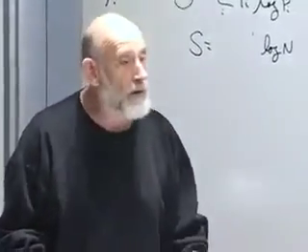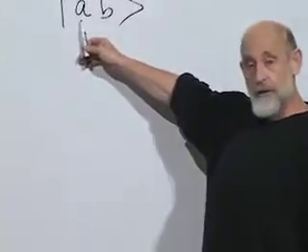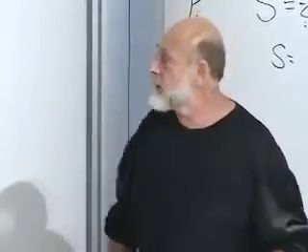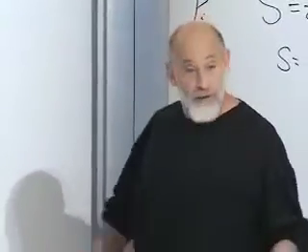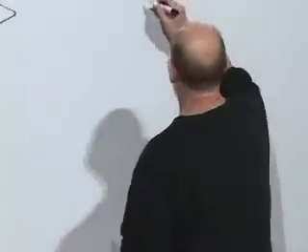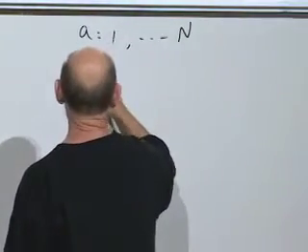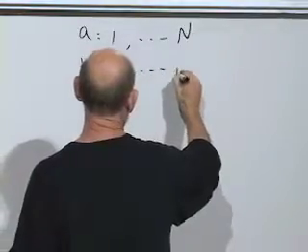And so altogether, the total number of states would be the product of the number of configurations of subsystem A times the number of subsystem B. So if we had a spin which could be in one of 2 directions, and we were putting it together with an atom which could be in 3 possible states, the total number of states would be 6, just 3 times 2. Let's say that little a runs from 1 to capital N, and little b runs from 1 to little n. They don't have to be the same. They could be 2 quite different systems.